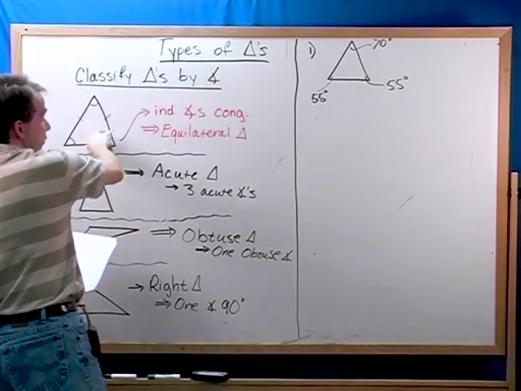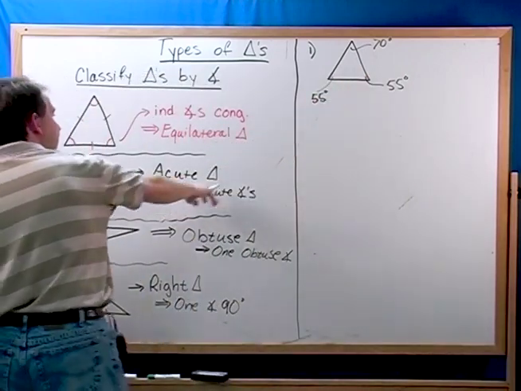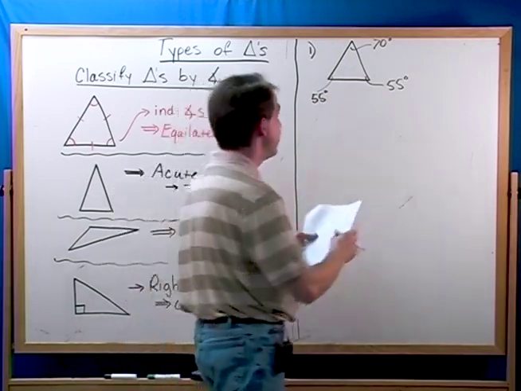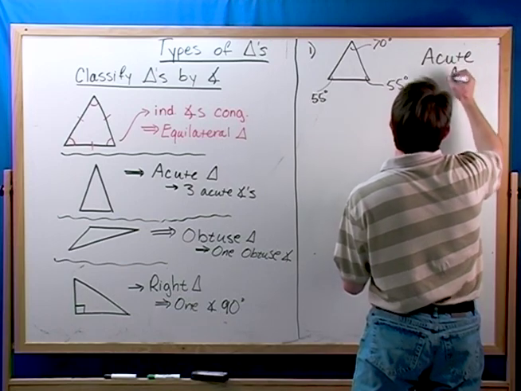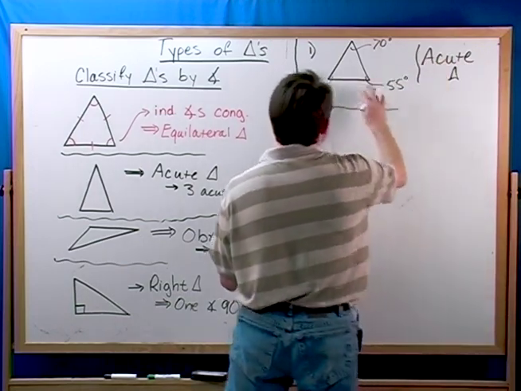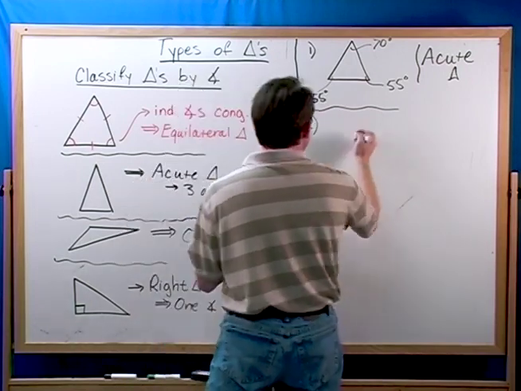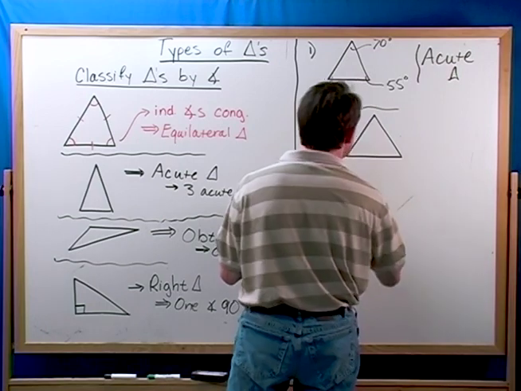It's not an equilateral triangle because these angles are not the same, okay? But I do have three angles that are acute because all three of those angles are less than 90 degrees. So this is an acute triangle. Okay, first problem complete. Second problem, let's say I have something like this, okay?